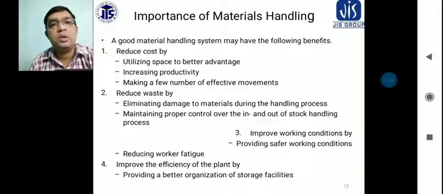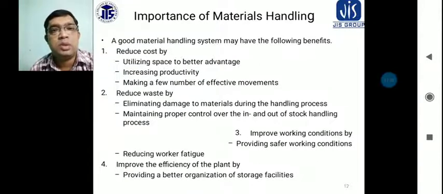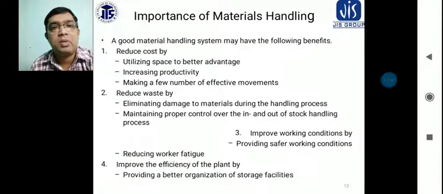That means you benefit most, and the similar types of products in the competition will not stay, depending on the reduced cost by utilizing space to better advantage.